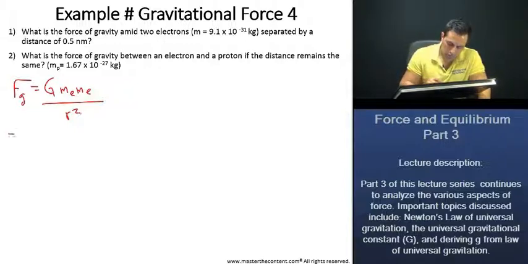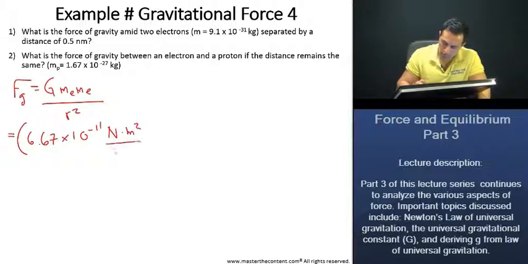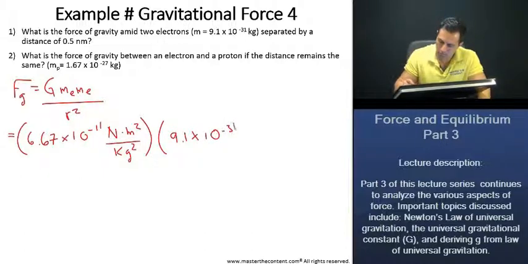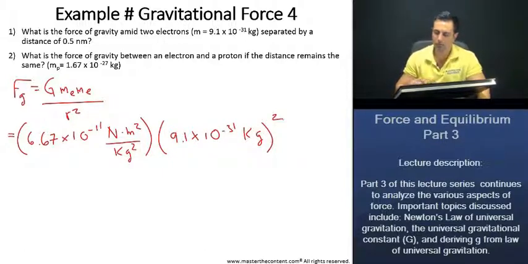If we fill in our values, we know that the gravitational constant is 6.67 times 10 to the power of negative 11 Newton meters squared per kilogram squared, and the mass of an electron is 9.1 times 10 to the power of negative 31 kilograms, and we can just square that, instead of having to write it twice.